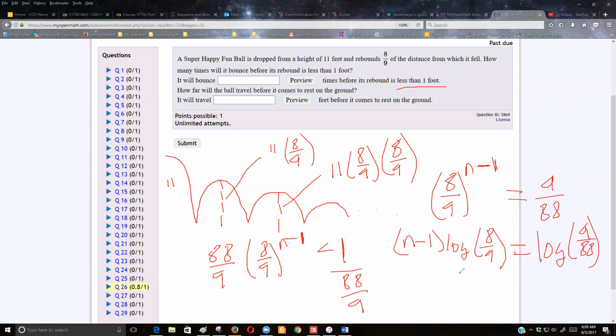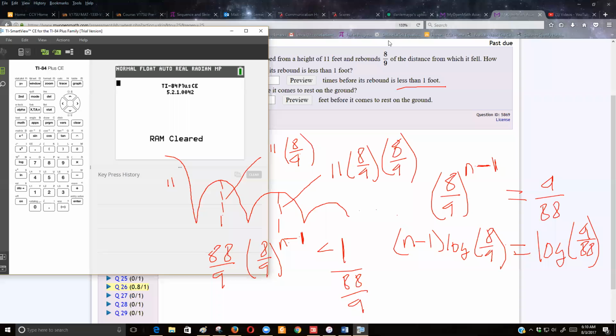So to do this, I'm going to grab my calculator. I'm going to do the log of 9 over 88. I could use ln, it wouldn't matter, but I don't want to do a ln of a log.